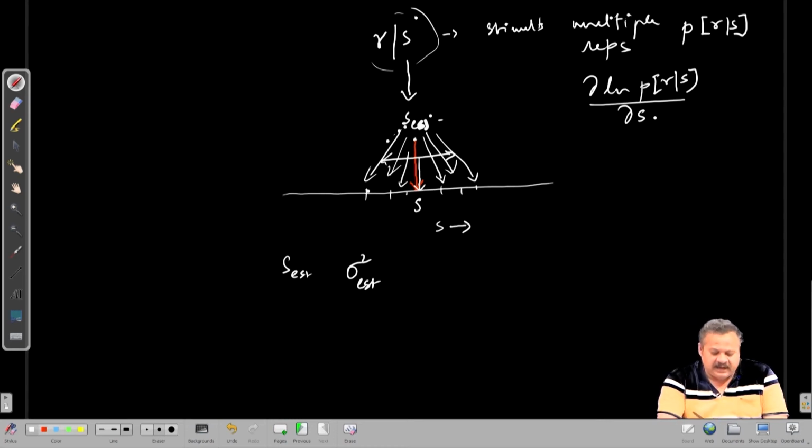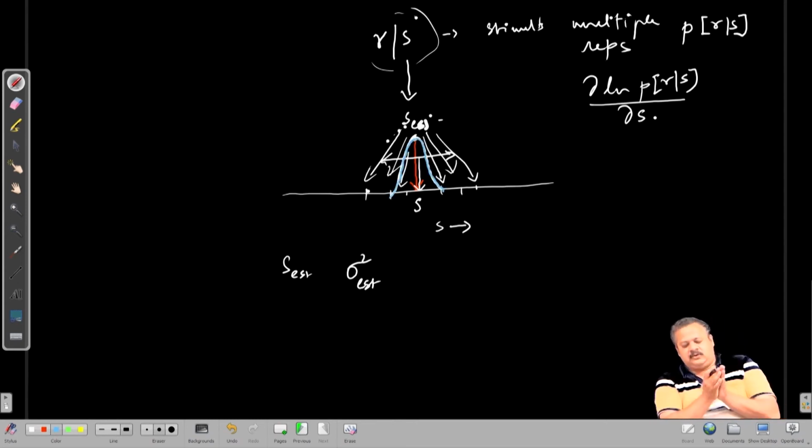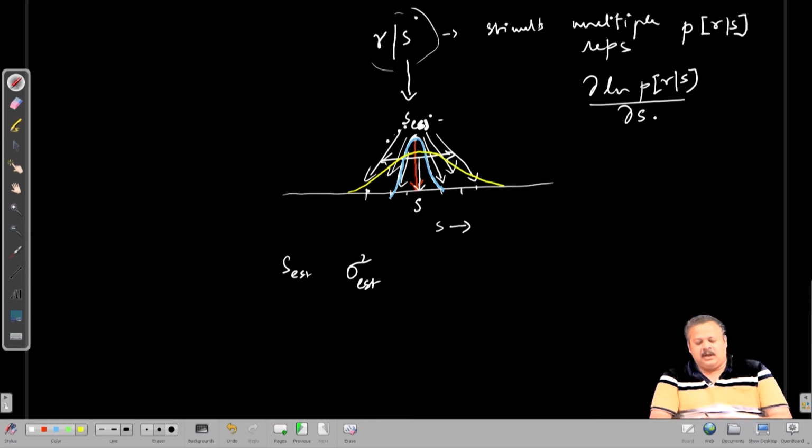Based on the data, we can have an estimator that has a distribution of the estimates for multiple different experiments that is narrow, very close to the true value of S. We can also have an estimator whose variance is high, with a large spread of the estimates around the true value S, which means that the one that is narrow is a better estimator, that is, the variance is low.